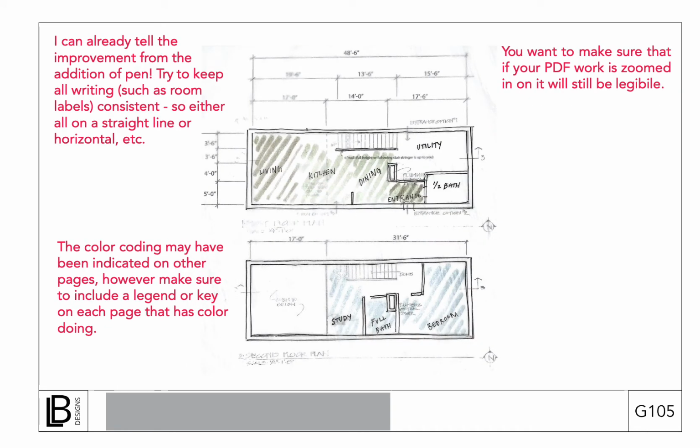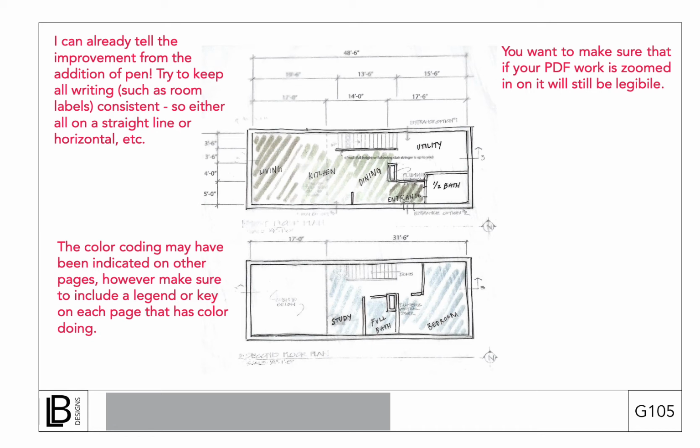And then here, it's the same project, we're just seeing a different diagram. So I can already see the improvement of the addition of pen. If you notice, the floor plan, or like the walls and everything, is a lot more clear in how it's reading. My one suggestion is to try to keep all writing, such as the room labels, consistent.